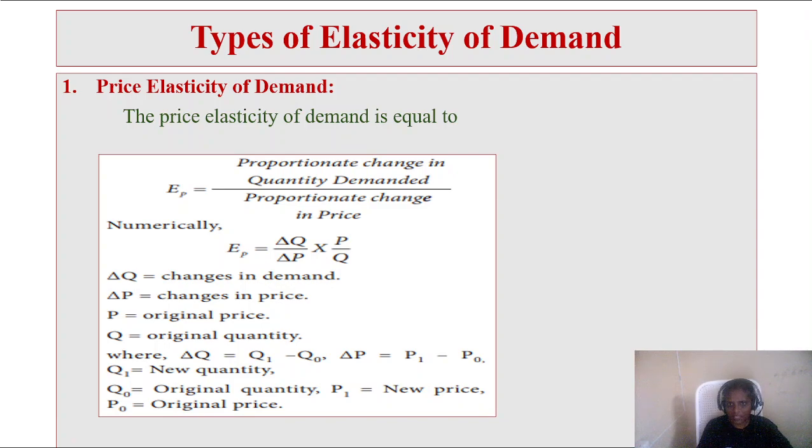Price elasticity of demand, by the name itself you can understand how far the elasticity of demand happens when there is a change in the price level.